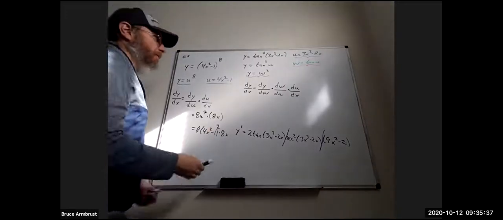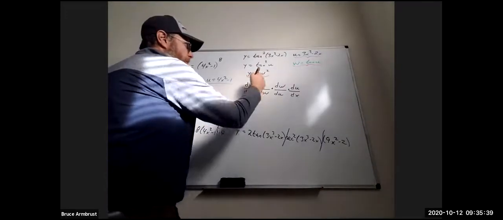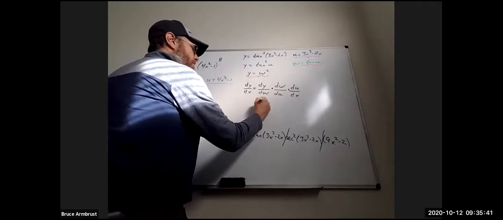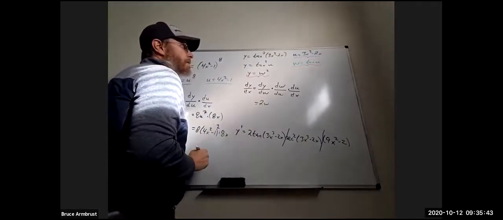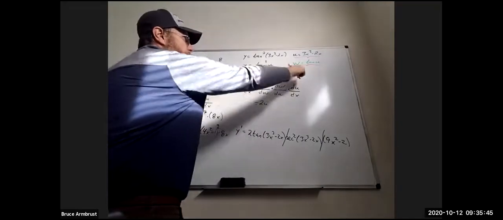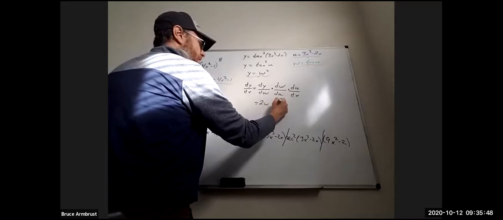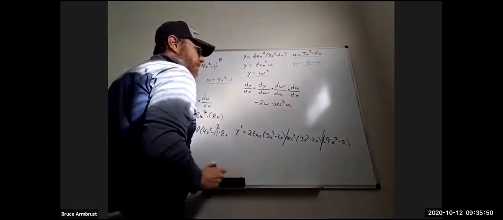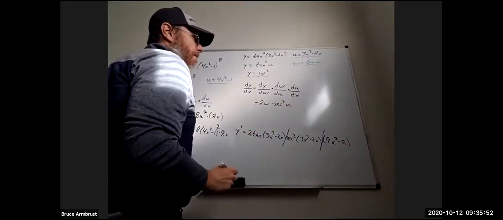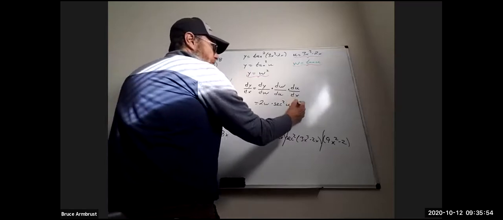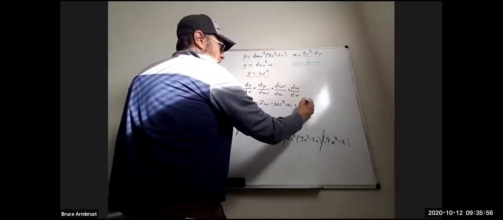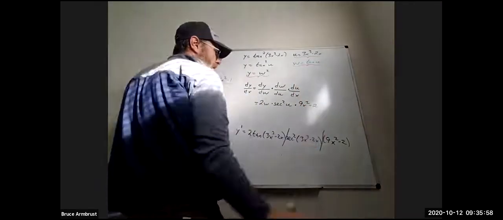But now I'll get those derivatives. So dy du, or sorry, dy dw is 2w. dw du, the derivative of tangent, is secant squared of u. And then times du dx. Well, that's my 9x squared minus 2.